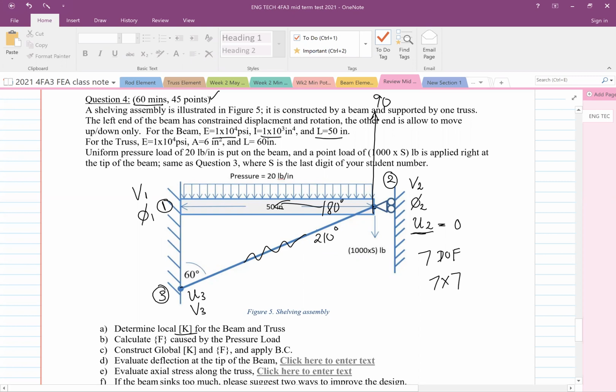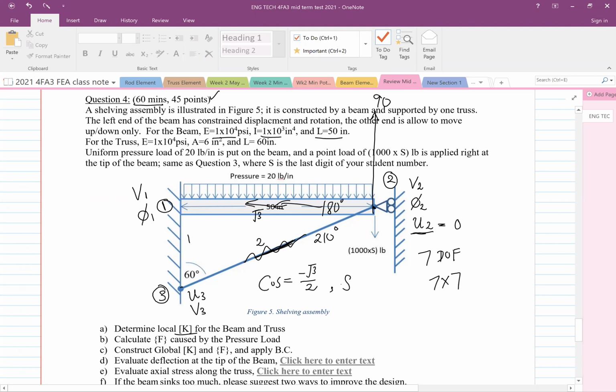I just want to look at the cosine. Cosine is the adjacent side over the hypotenuse, this thing. So this side, the absolute value is √3. This is 2 and 1, right? So we are moving from node 2 to 3, which gives a negative √3 divided by 2.